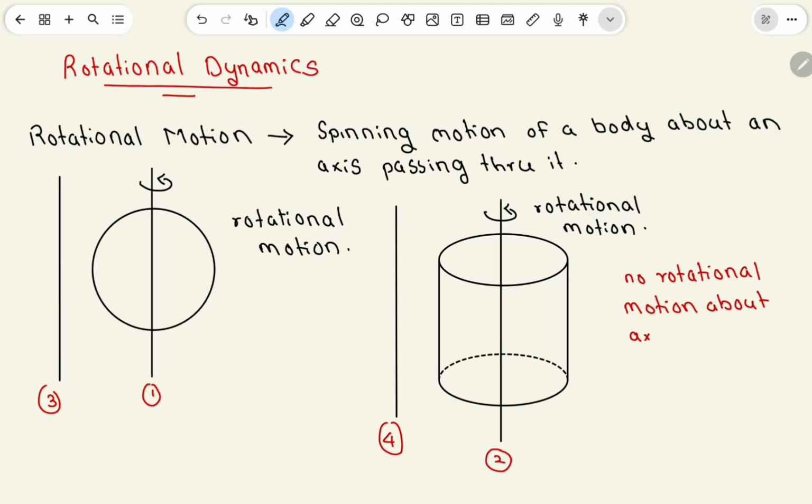And the reason behind this is since they lie outside the body.